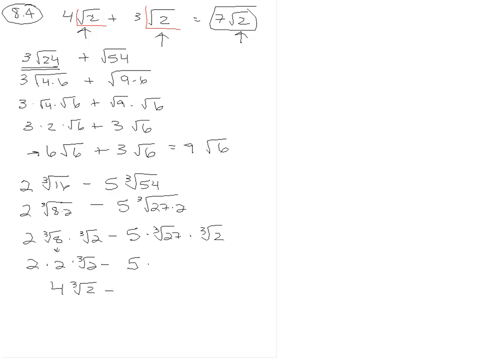So that's 5 times, what is the cube root of 27? 3, times cube root of 2, so I have 15 cube root of 2. Now I have 4 cube root of 2 minus 15 cube root of 2, which gives me negative 11 cube root of 2. Okay? All right. Let's try a couple more.